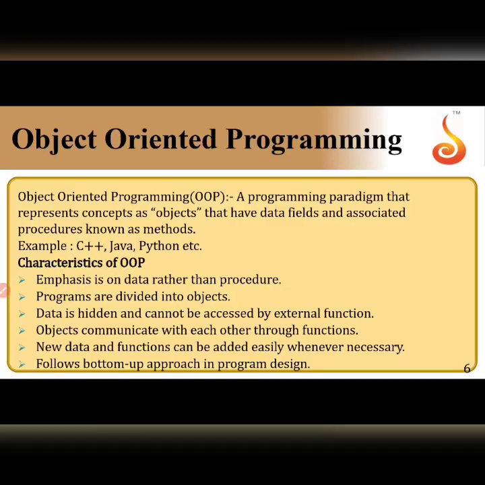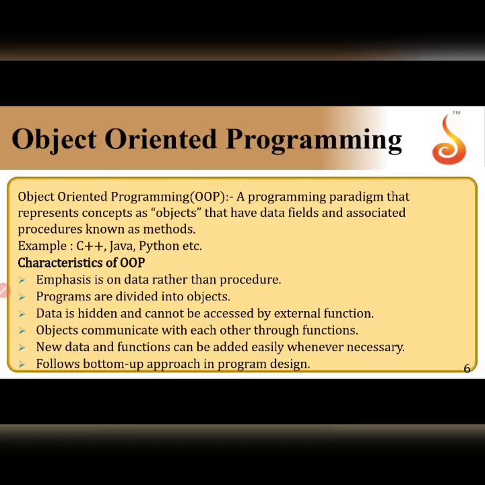An example of object-oriented programming is C++. Again, it has to be noted here, C++ is not a pure object-oriented programming language. When I say pure, what does it mean? That is, I can write a C++ program without using any object-oriented programming concepts. Still, it will work.